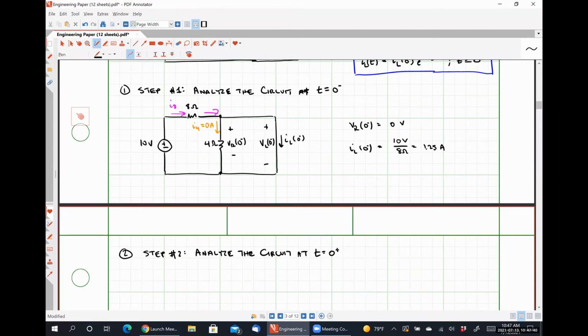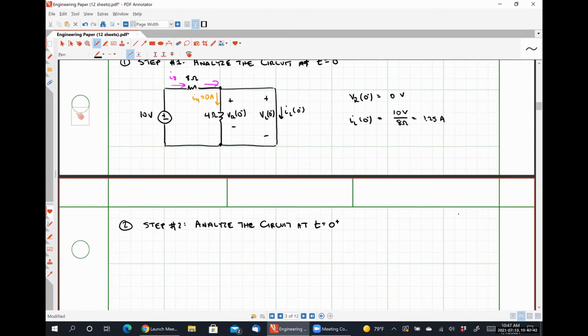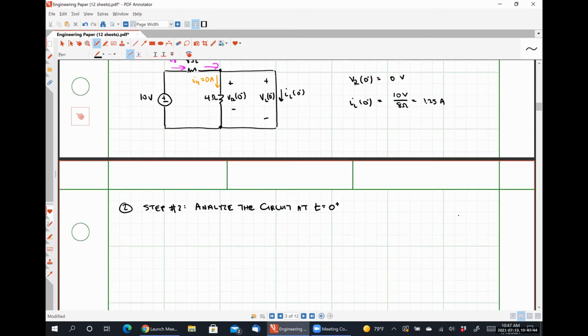So this is the instant in time after the switch has opened. Our 10 volt source will still be over here doing its thing. We'll have our 8 ohm resistor right here. There will be an open circuit.